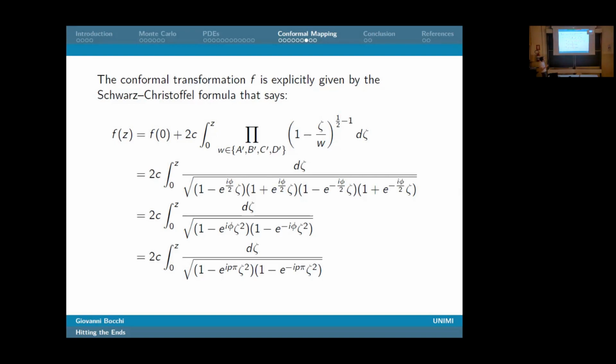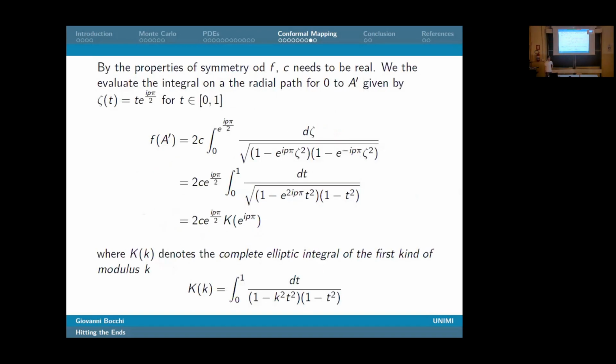We have that f of 0 is 0, as already pointed out, for reason of symmetry. Lastly, again, by the properties of symmetry, C needs to be a real constant, not complex. And now we try to evaluate the integral on a radial path from 0 to A prime.